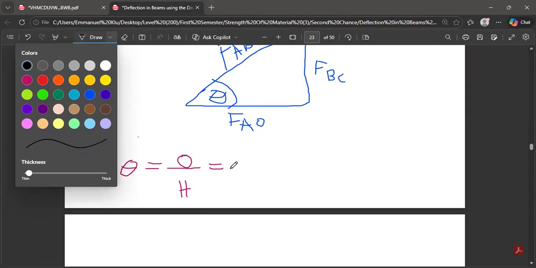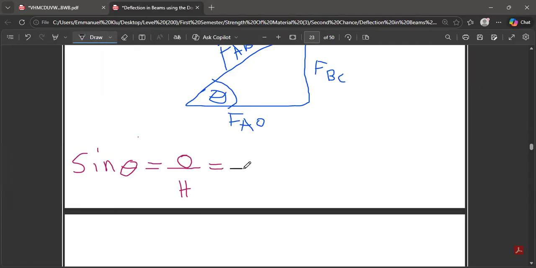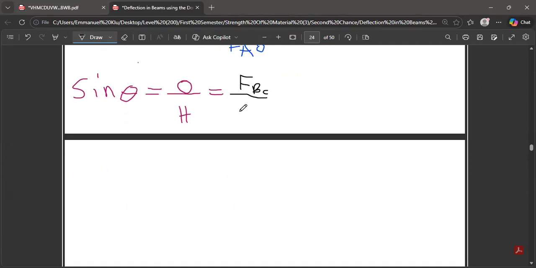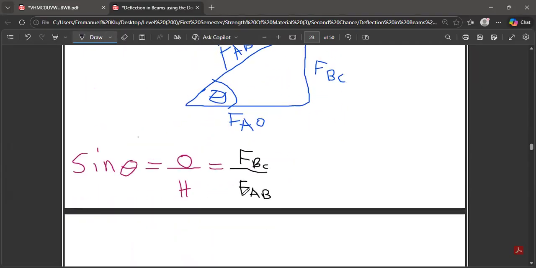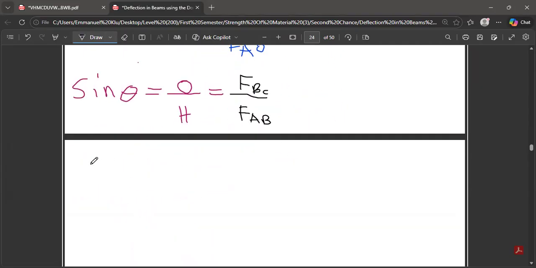In this case, our opposite is going to be FBC, and then our hypotenuse is going to become FAB.